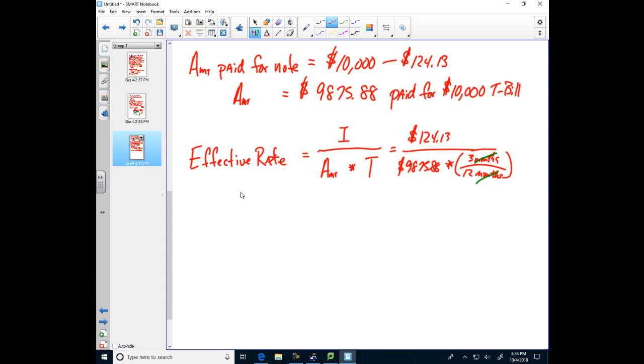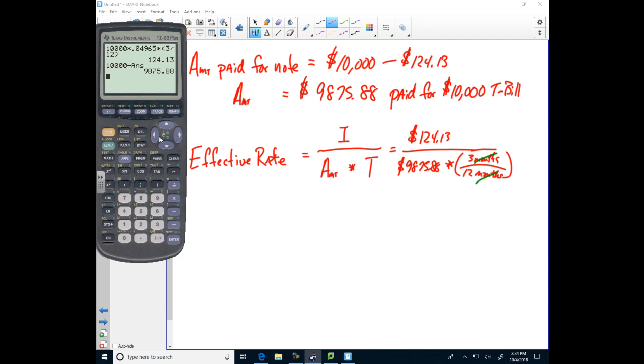Calculator. Although I could do a second answer right there. Let's do that. 124.13. Remember what I did a while ago? I did this.